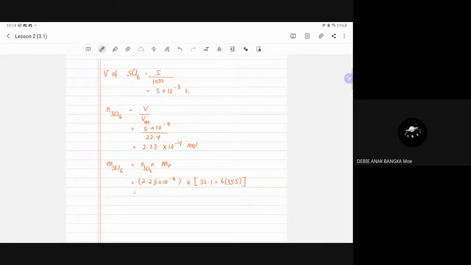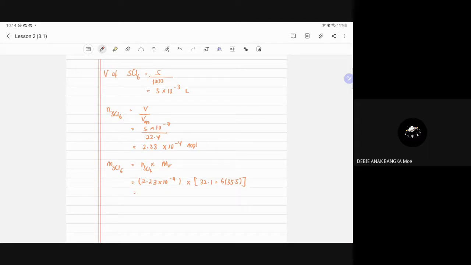Okay. Saya suka guna bracket untuk make it clearer, untuk nampak dengan lebih jelas. And kalau dalam calculator yang ini, nak kira pun better guna bracket.